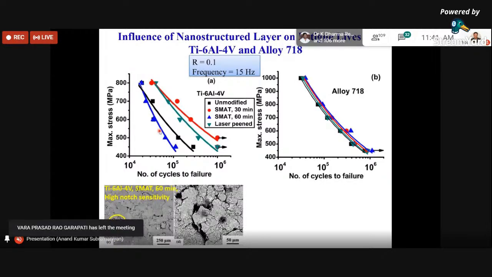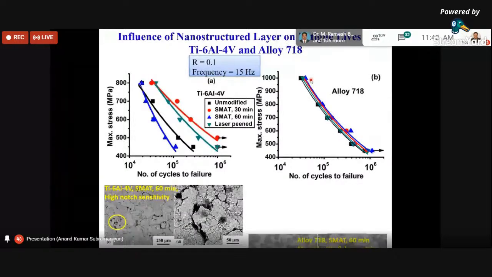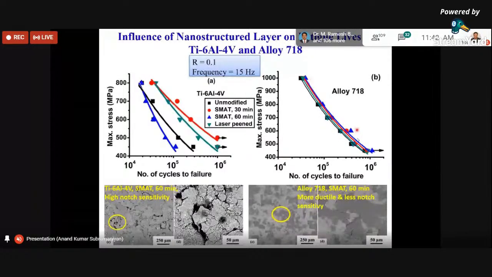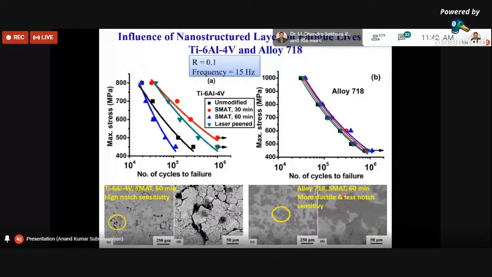But on the other hand, for Alloy 718 or Inconel 718 material, all the samples showed relatively better fatigue life performance, where you can see that in the case of Alloy 718 for the 60-minute treated sample, there is no such micro crack generation, because this alloy is more ductile and shows less notch sensitivity to this SMAT process compared to the titanium alloy.